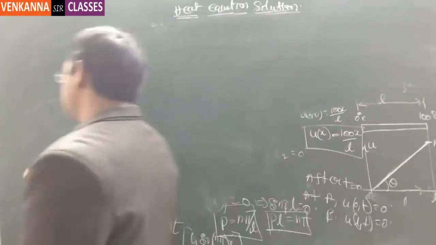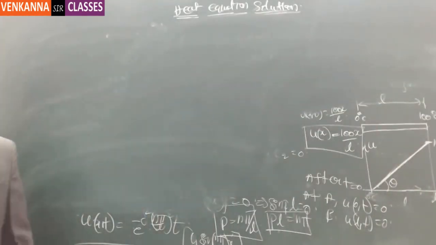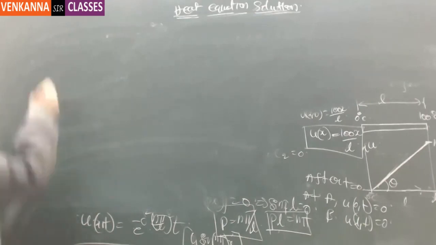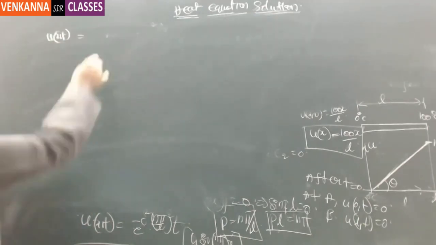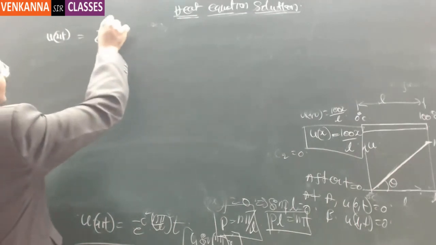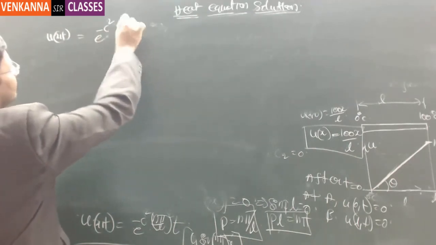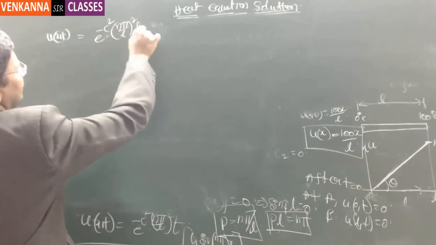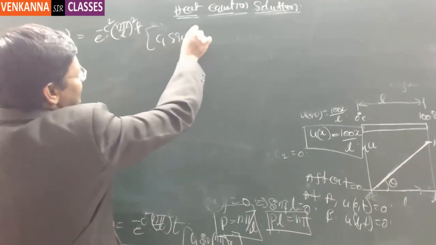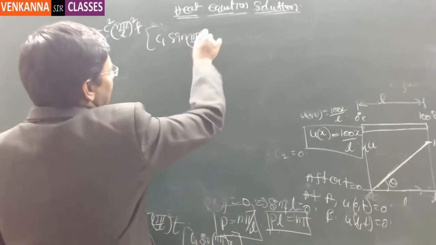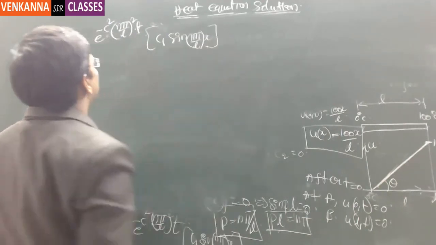Then now we will be using the last boundary condition. We have got the solution in the form of u of x comma t is equal to e power minus c square n pi by L whole square times t, and then c1 sin n pi by L into x. So this value we have got.